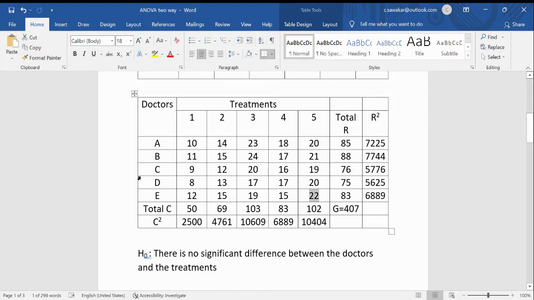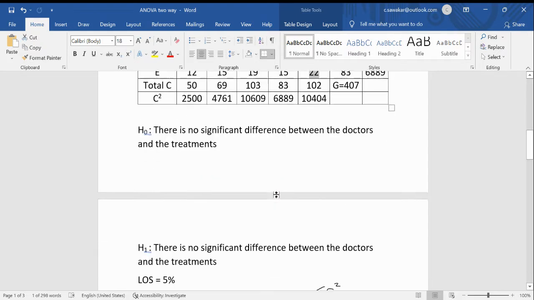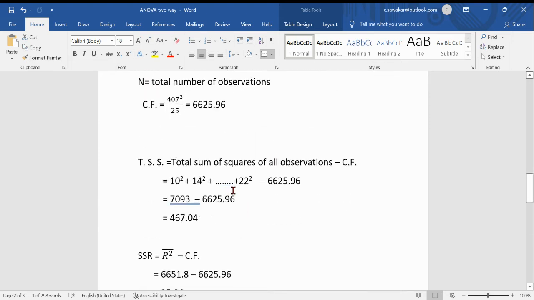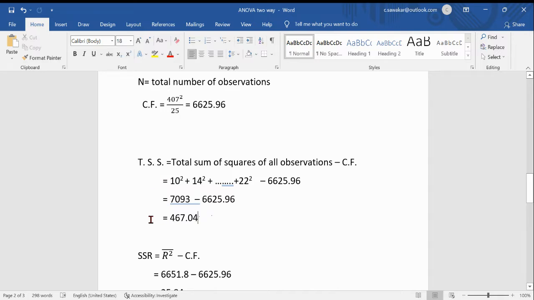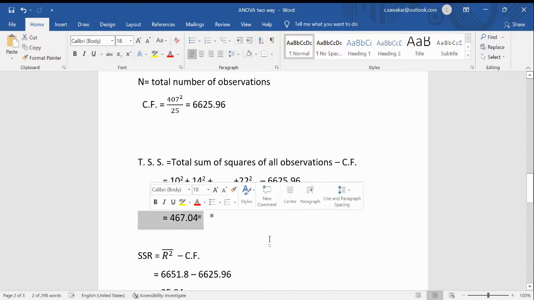So for all 25 observations you need to calculate the squares, that is, the sum of all these squares. Then from that you need to subtract the correction factor, which is 6625.96. The sum of all these squares comes out to be 7093 minus 6625. So after substitution you get the TSS value to be 467.04.